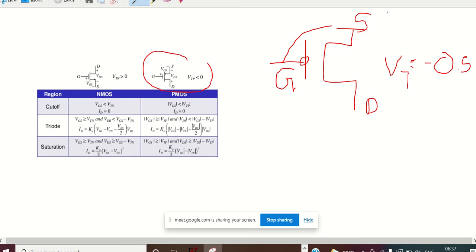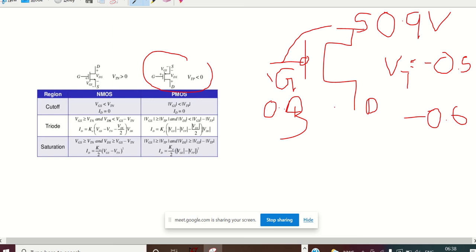If Vs is 0.9 volts, then Vg should be, say, 0.4. Then VGS is 0.4 minus 0.9, that is minus 0.5. If you make Vg 0.3, then VGS will be minus 0.6.